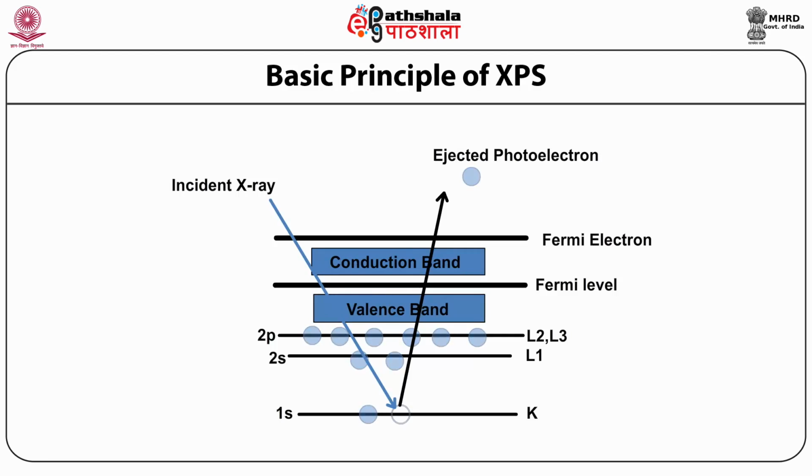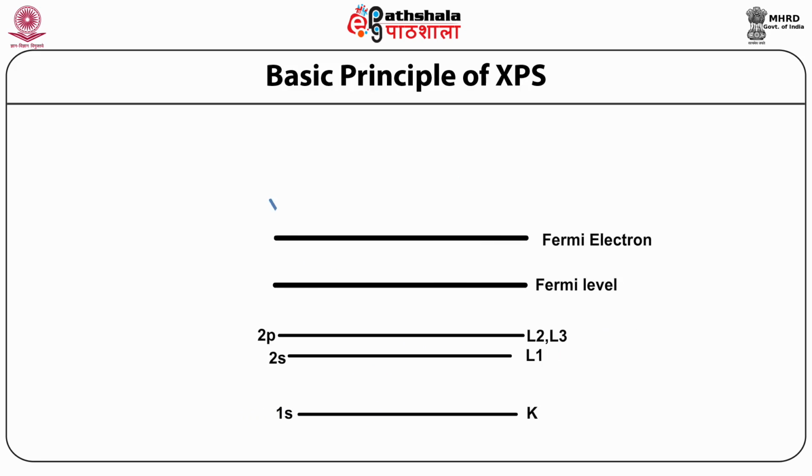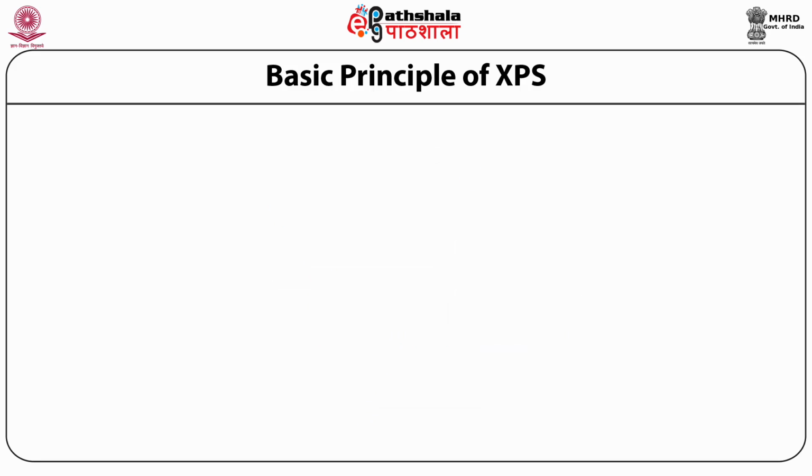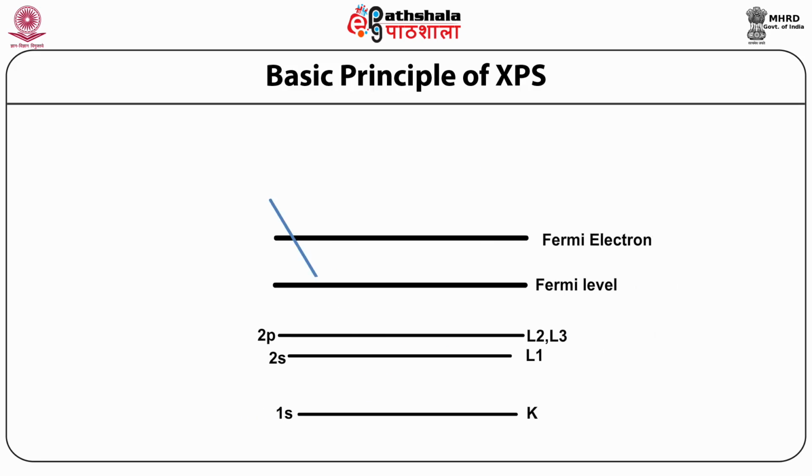could be given by Ek is equal to h nu minus Eb minus phi, where phi represents the energy required for an electron to escape from a material's surface, h is the Planck's constant and nu is the frequency.